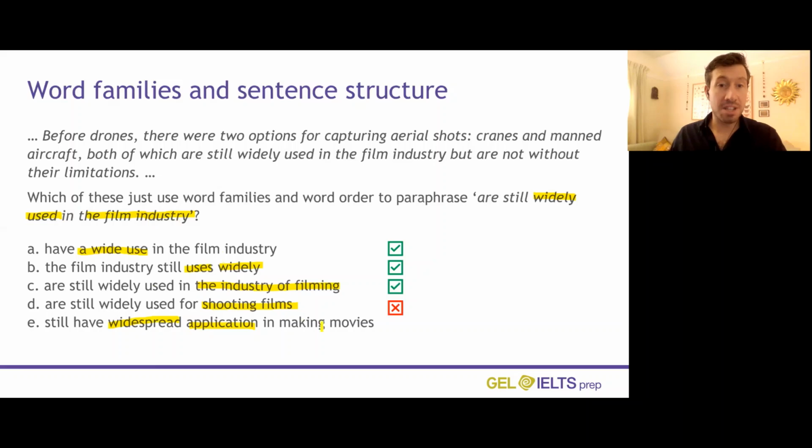And the film industry and making movies, that's using synonyms as well. So that one's using synonyms and word families to paraphrase. So the first three just use word families. Now, they're all correct. They're all very good paraphrases, but just the first three are using word families.